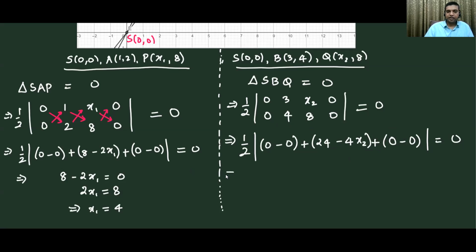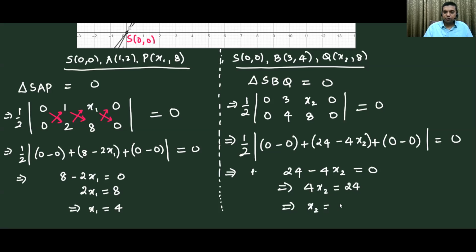This is equal to 0. So half can be removed. What we get here is 24 minus 4x2 equals 0, which implies 4x2 is equal to 24, which implies x2 equals 6. All right, x2 equals 6. So x1 is 4, x2 is 6. Done.